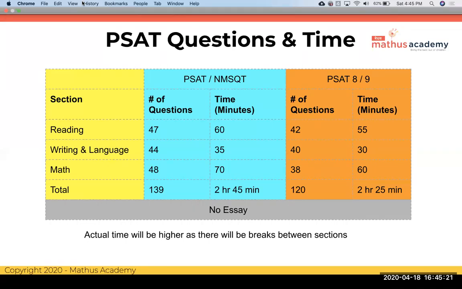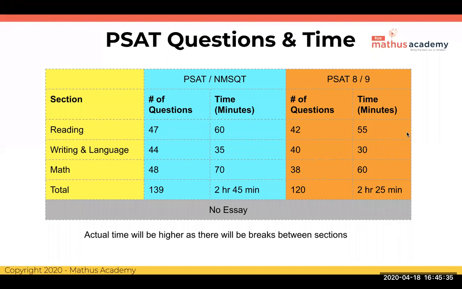So reading has 47 questions, 60 minutes, writing and language 44 questions, 35 minutes, math 48 questions, 70 minutes, total 139 questions, no essay. PSAT 8-9 is even shorter, but it's not just shorter. It does not have some of the advanced concepts.